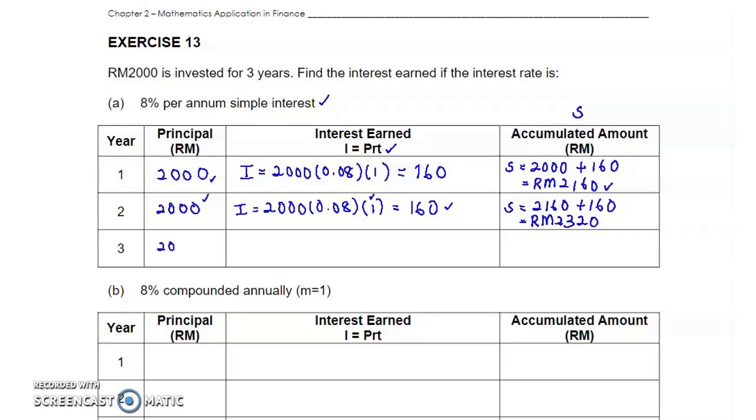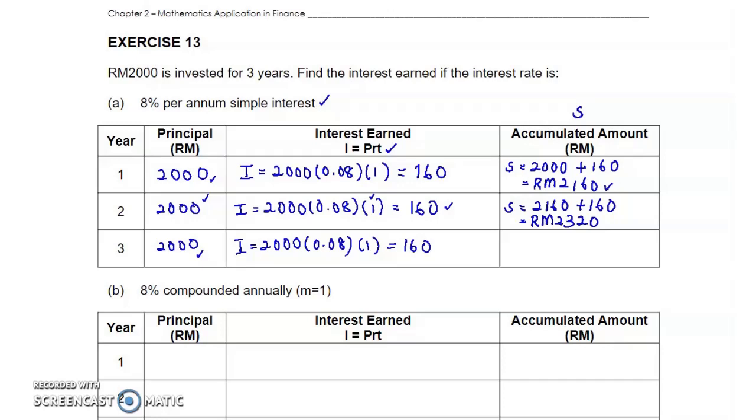Okay, now last year, third year, how to calculate interest? If using simple interest, also based on original principal, which is 2000 ringgit. So I here equal to 2000 multiply 8% multiply 1. Why 1? Because referring to third year. Now we calculate year by year. So third year you also earn interest of another 160 ringgit.